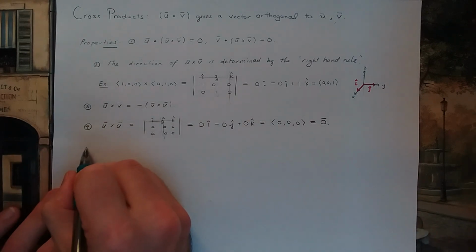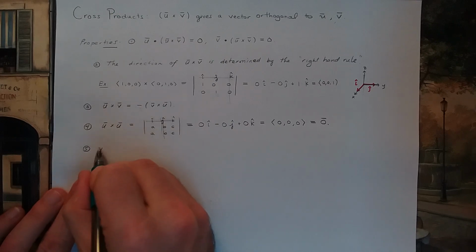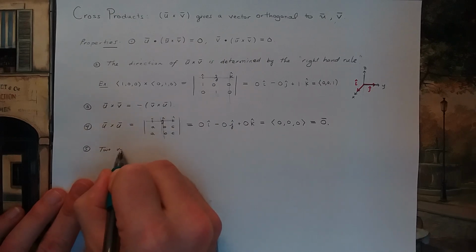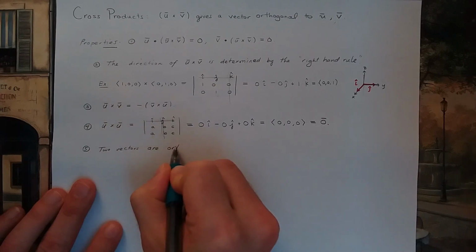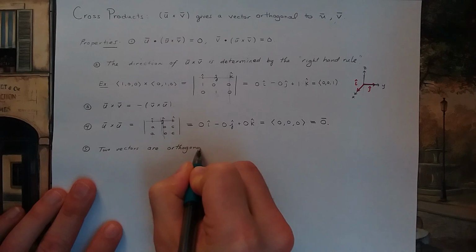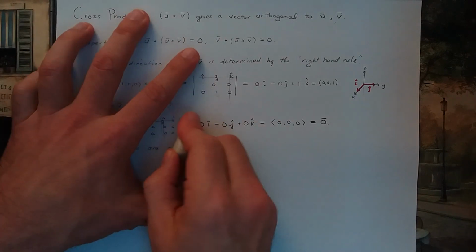And in fact, as an extension of property 4, two vectors are orthogonal. No, excuse me, I don't want orthogonal. Two vectors are parallel.